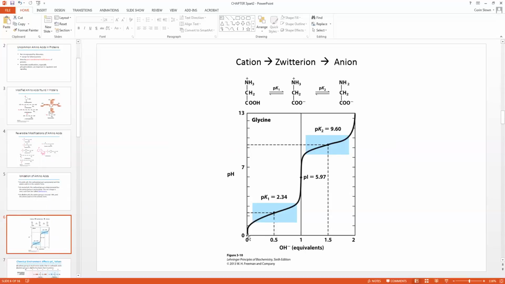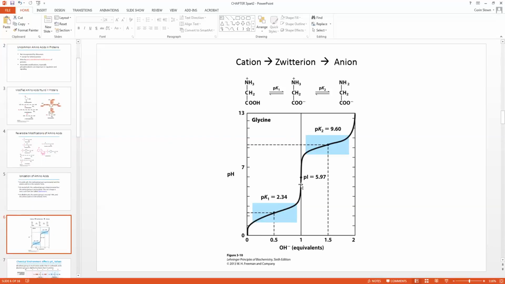If you note here, this is when my pH is low. As my pH increases, I cross through my first pK. So my pK1 is 2.34. And this is where I have half of my COOH protonated and half deprotonated.